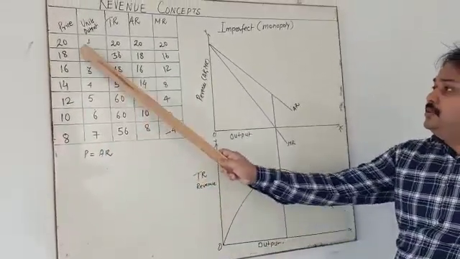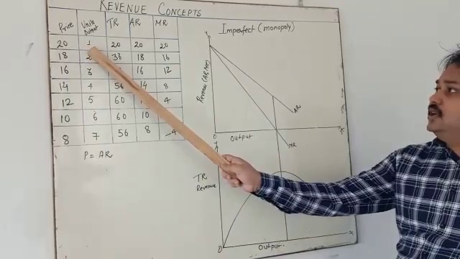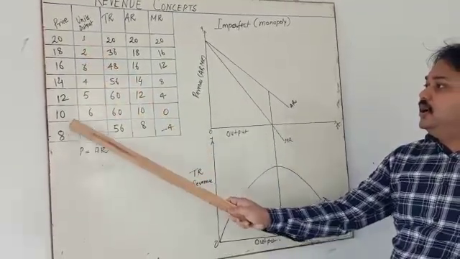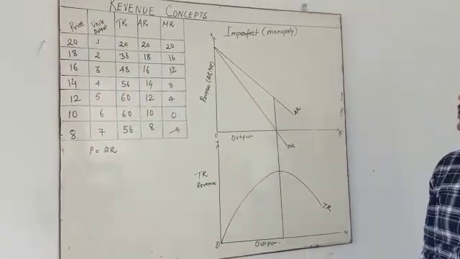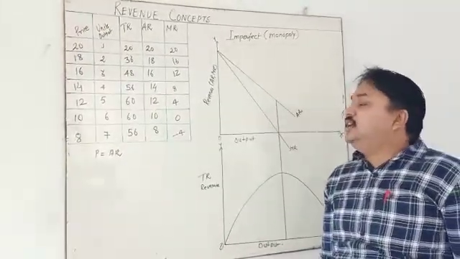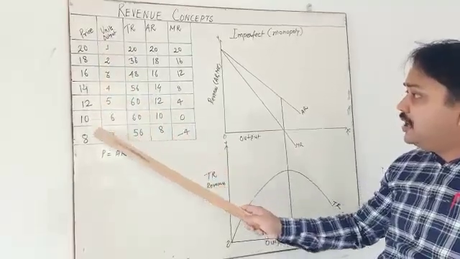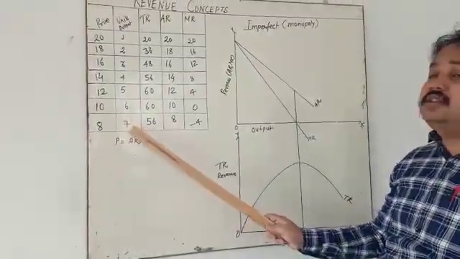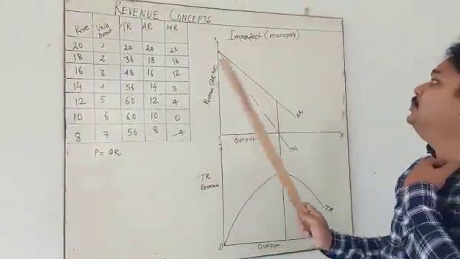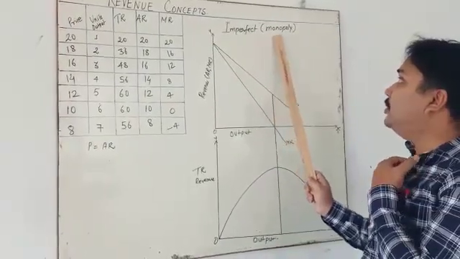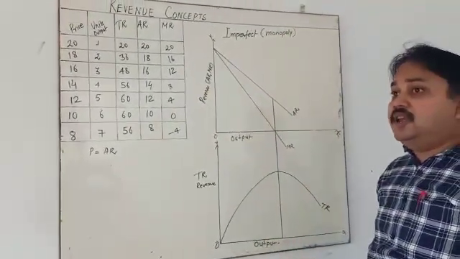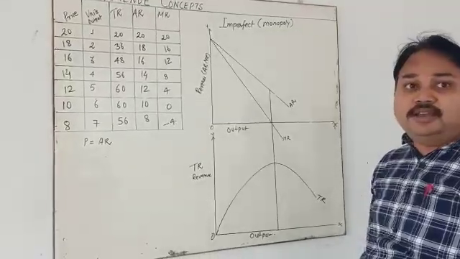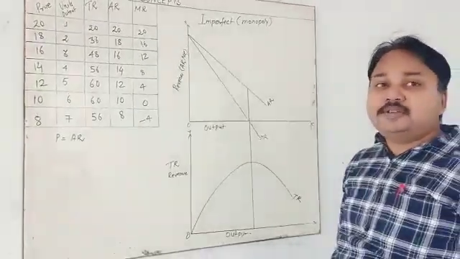At 20 rupees he sells only one unit, but at different prices the firm or seller is going to decrease the price and increase the output. Why? Because it is a situation of imperfect competition, in which the firm decides a price, the firm is a price maker.